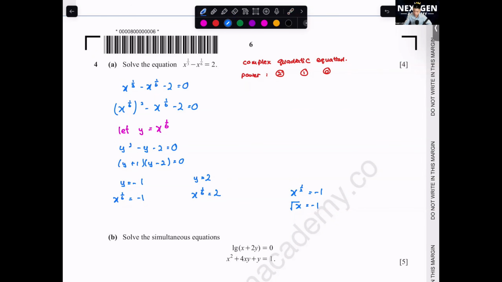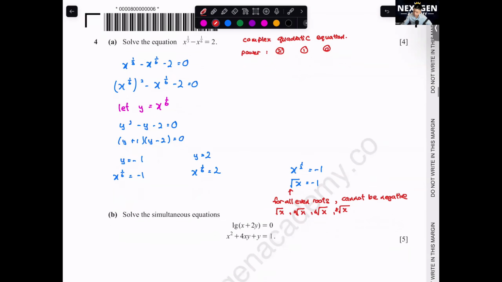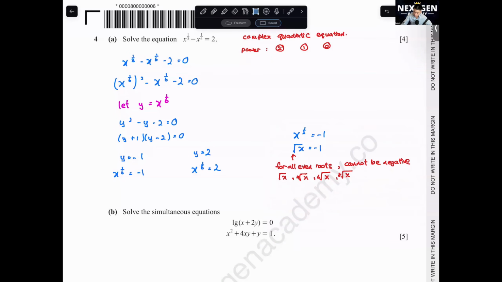So you all write this down: for all even roots, even means square root, fourth root, sixth root, eighth root, cannot be negative. So square root x, fourth root x, sixth root x, eighth root x. We also can rewrite them as x power 1 over 2, x power 1 over 4, x power 1 over 6, x power 1 over 8.